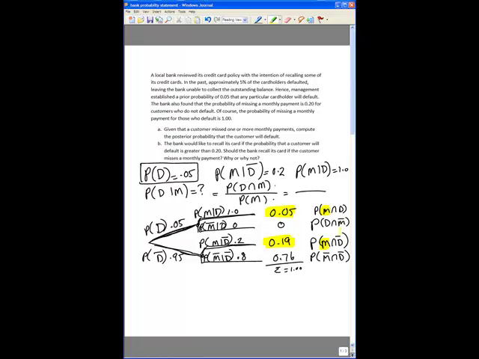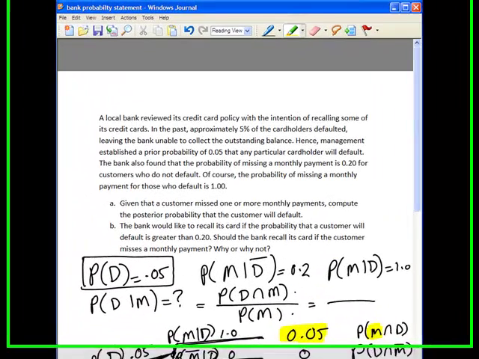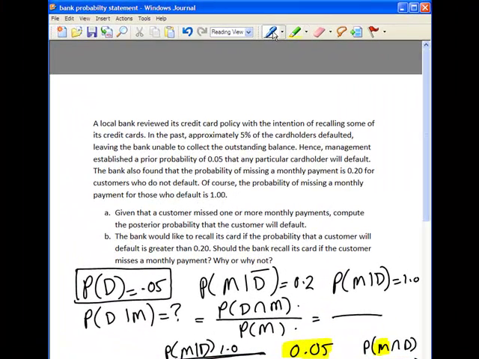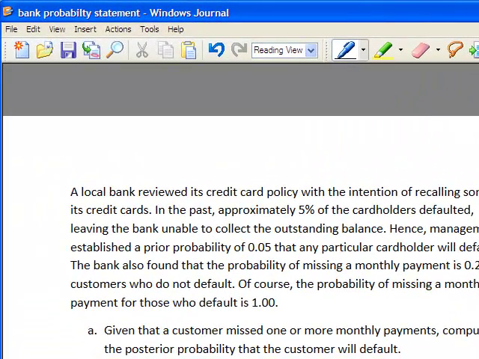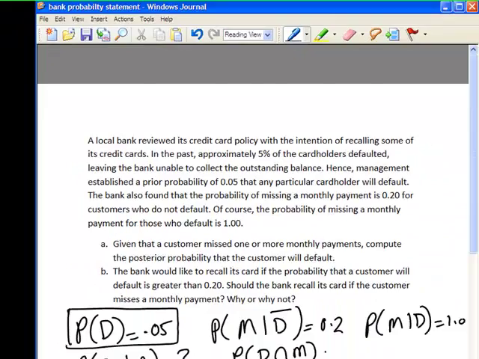The two joint probabilities of 0.05 and 0.19 give us the probability of M, which of course would be 0.19 plus 0.05, which is 0.24. And the probability of M and D, or M intersect D, is given right here.